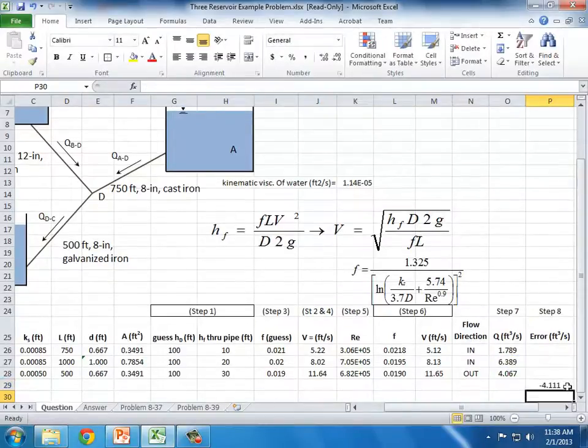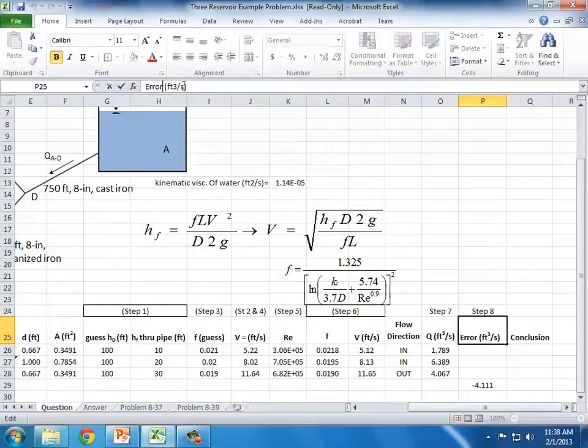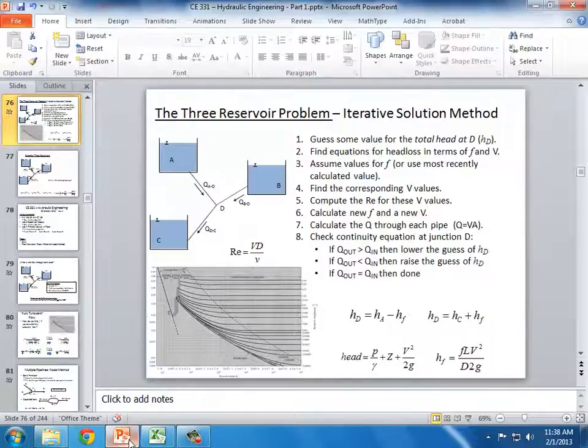So in other words, for error, I'm saying Q out minus Q in. We can see in this case that there's more flow going in than is going out. So what does that mean? In is bigger than out. That means we need to raise the guess of H sub D.